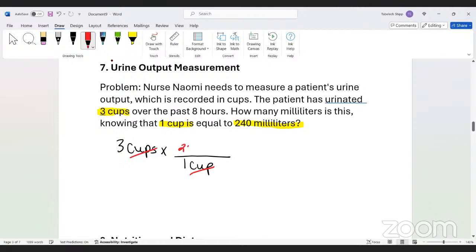And on the very top, 240 milliliters. So you're going to say 3 times 240, and you get 720 milliliters, okay? 720 milliliters. That is correct, Justice. Nurse Justice, you're multiplying. That's correct. 3 times 240. Yes.